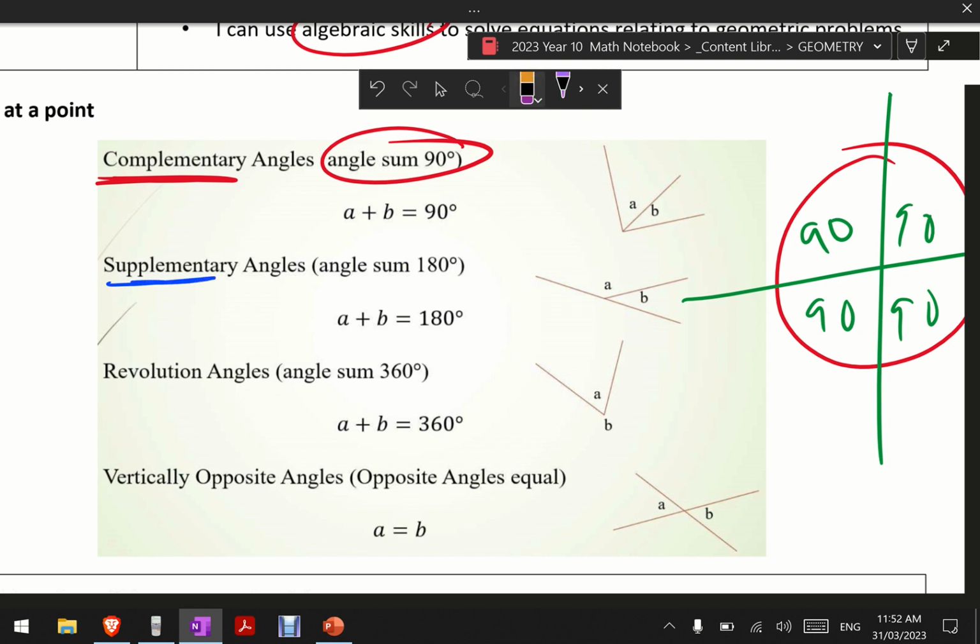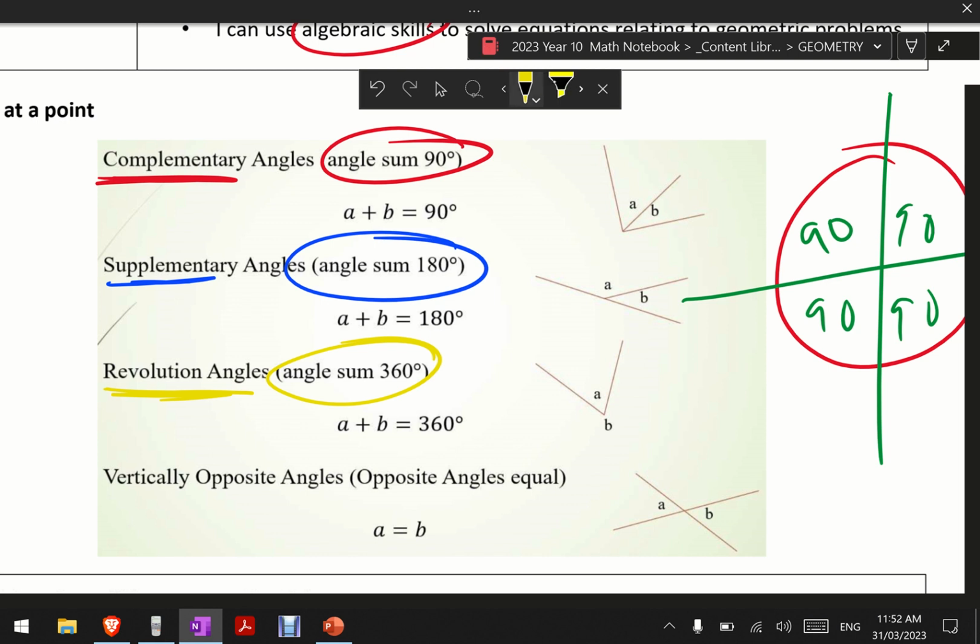So complementary 90, supplementary 180. Two new words that you've probably never learnt before. And the third one is a revolution, which is essentially a 360-degree angle. So we're looking at circles for that. Complementary is 1/4 or 90, supplementary is 180 degrees, and revolution is a full circle, 360.